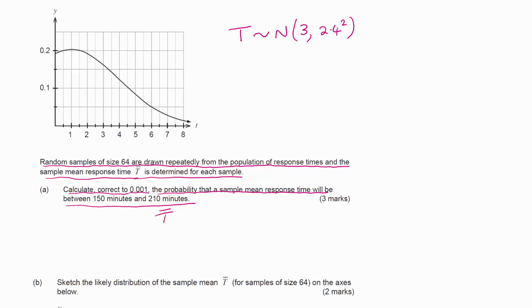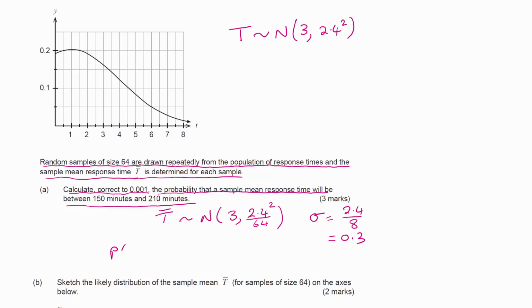Well, first of all, we know that t bar is going to be normally distributed with a mean of 3 and a variance of 2.4 squared over 64. And that means, of course, that sigma for the sample is going to be 2.4 over 8, and we can calculate that, and that is 0.3.